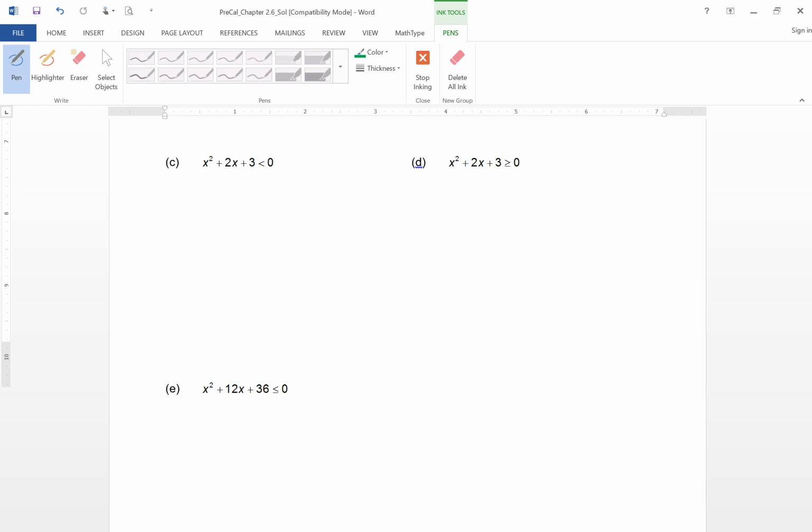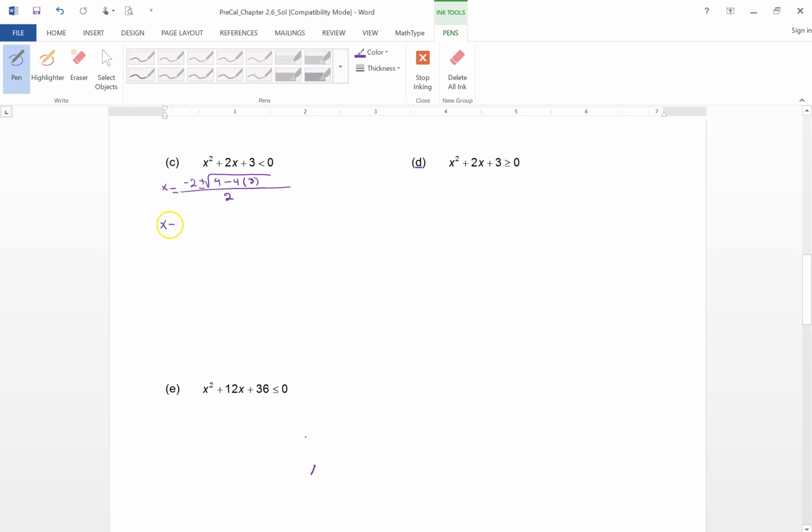This is another one. Can we factor this one? No, it can't be factored. If it can't be factored, you're going to do p over q, but if it's a quadratic equation, we do the quadratic formula, right? So x is equal to negative b, which is -2, plus or minus the square root of b squared minus 4 times a times c over 2a.